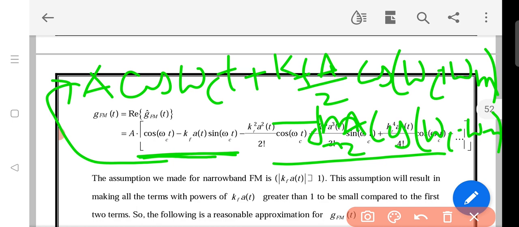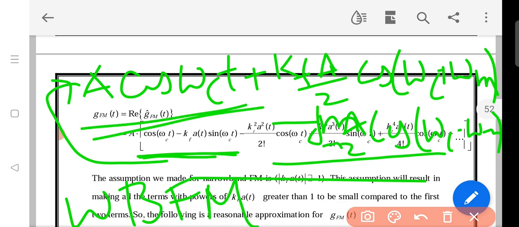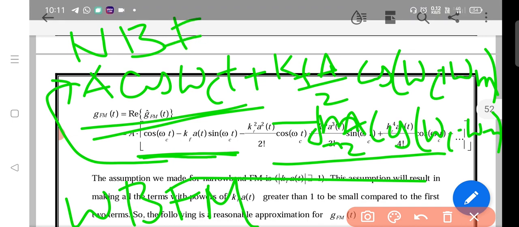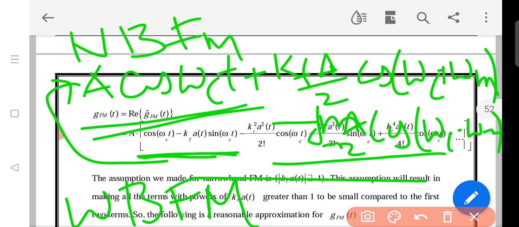Then 2 omega_c plus 2 omega_m, 2 omega_c minus 2 omega_m, and 3, 4 and so on. That's why the remaining all are considered as wideband FM, WBFM. The first terms only, where the modulation index is less than 1, that is called NBFM, narrow band FM.